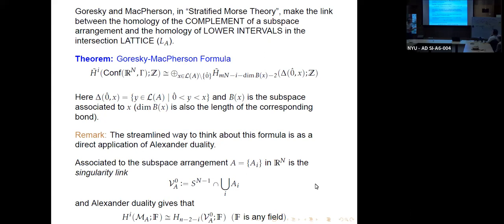Here you can put any complement of a subspace arrangement, but I put the one I want. It's the sum over the homology, with this Alexander duality shift, of the intervals. So for every interval from 0 to x, you get this. It's too much in one slide, I realize, but how small can I make it?